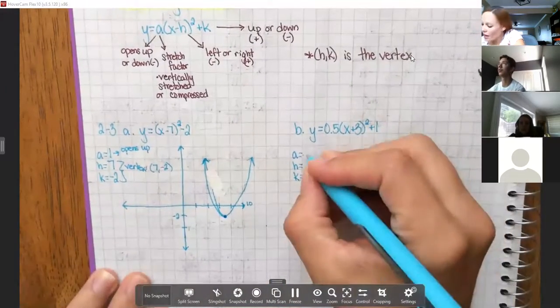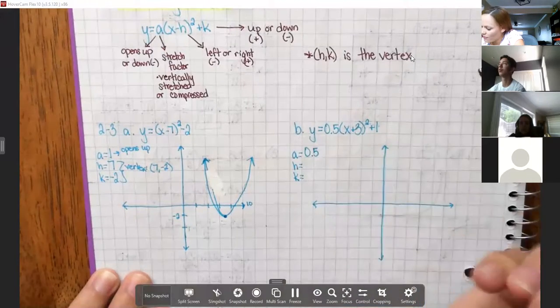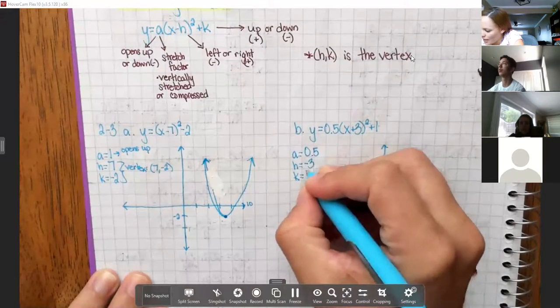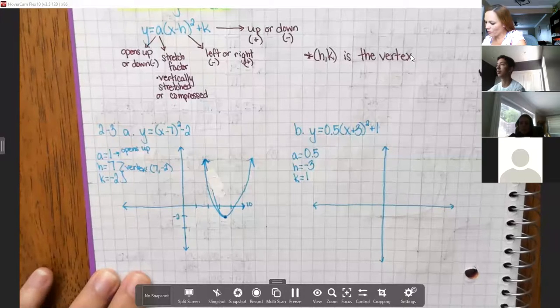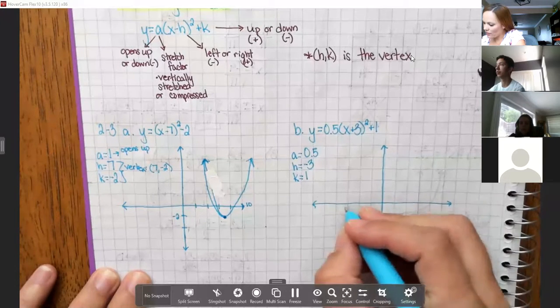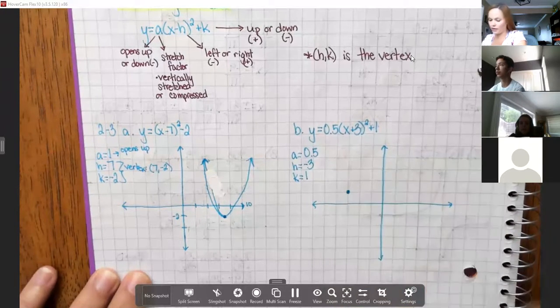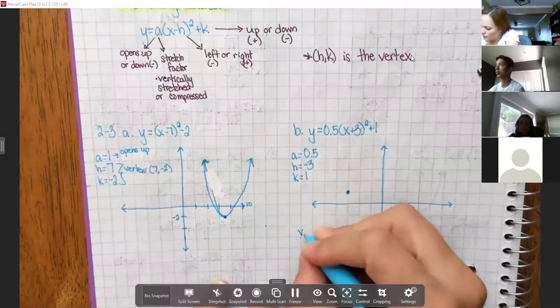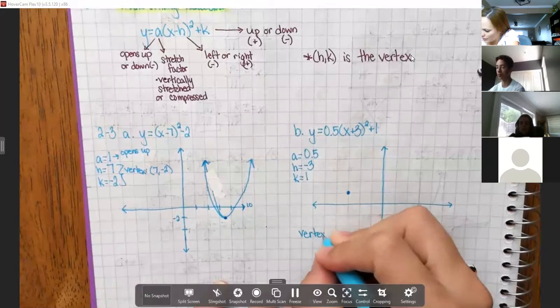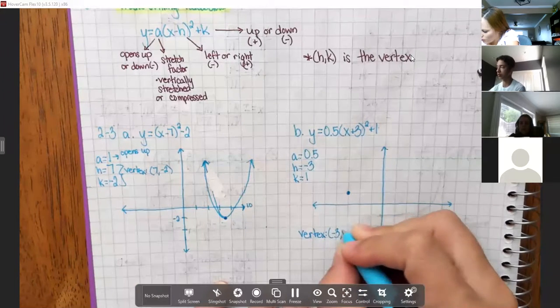And then on B, A is 0.5, H is -3, and K is 1. So -3, 1 is my vertex, and I'm going to count by ones on this one because I have enough space. I'll just write it down here. So my vertex is -3, 1.